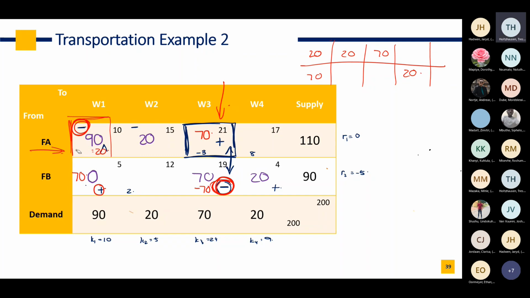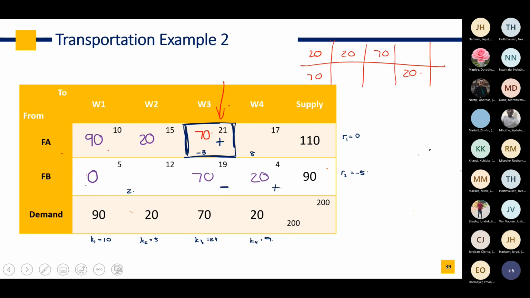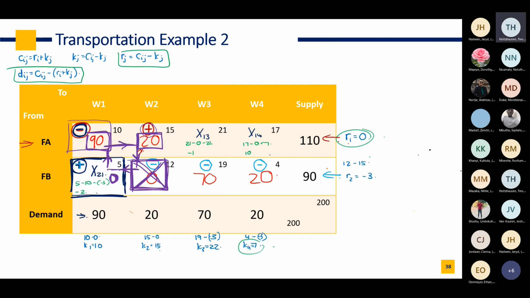Okay, so you're talking about trying to find out which ones are going to be the positive and negative ones? Yeah. Okay, so for that, let's just rub this out. And when you said 21 minus 0 minus 22, where did you get the 0 from?